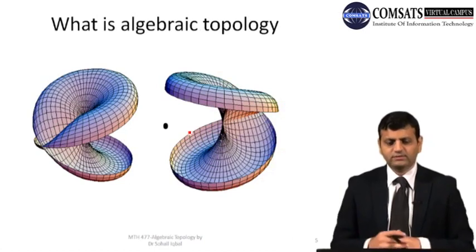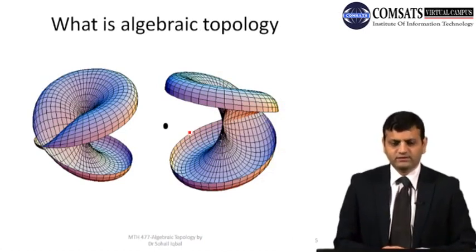So what is algebraic topology? As the name suggests, it has something to do with algebra and topology. Mainly we are connecting them, but as the history suggests, mathematicians started using algebra to study topological objects. In particular they used groups.